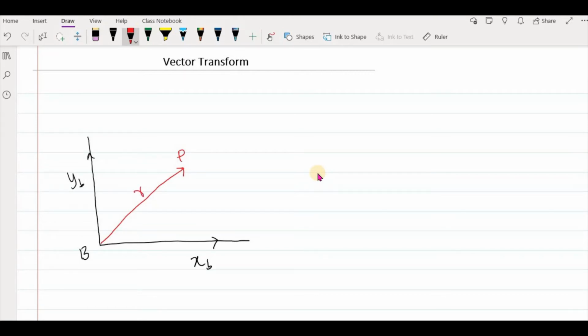The vector, let's call it R, is pointing toward the point P here, and the y component will be YB, and we have the x component, let's call it XB.